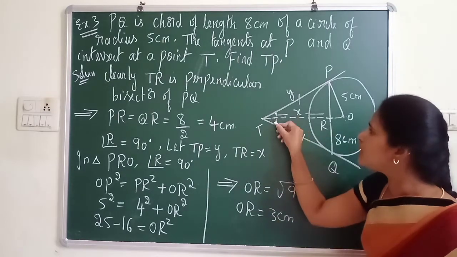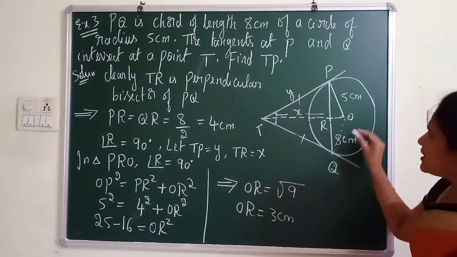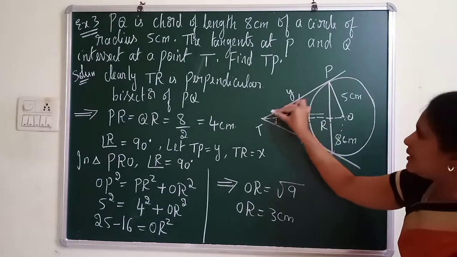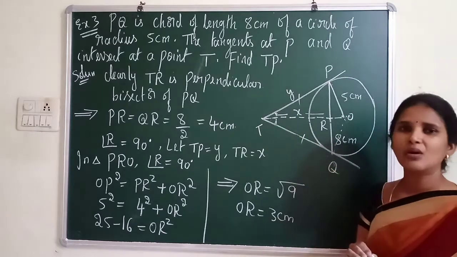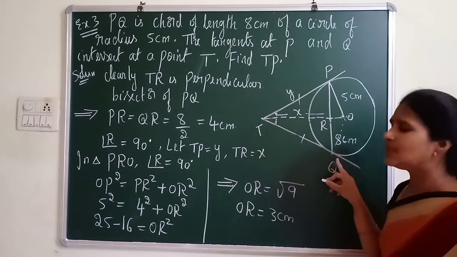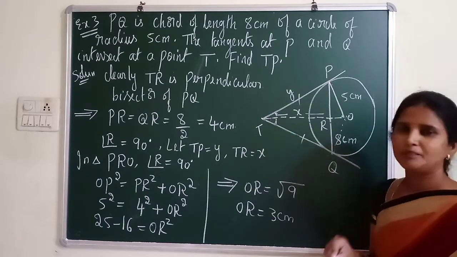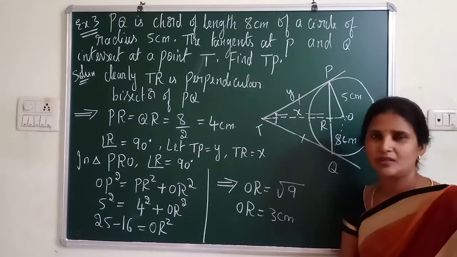So how can you prove that these two angles are equal? If you join this OQ, just concentrate, OPT and OQT, I can prove that these two triangles are congruent. That is OP equal to OQ, TP equal to TQ and OT common. So with that I can tell that these two angles are equal by CPCT.